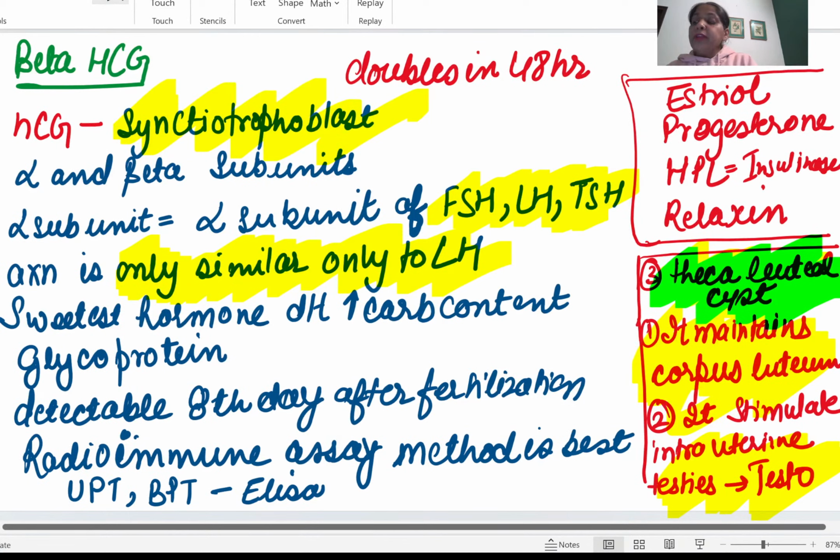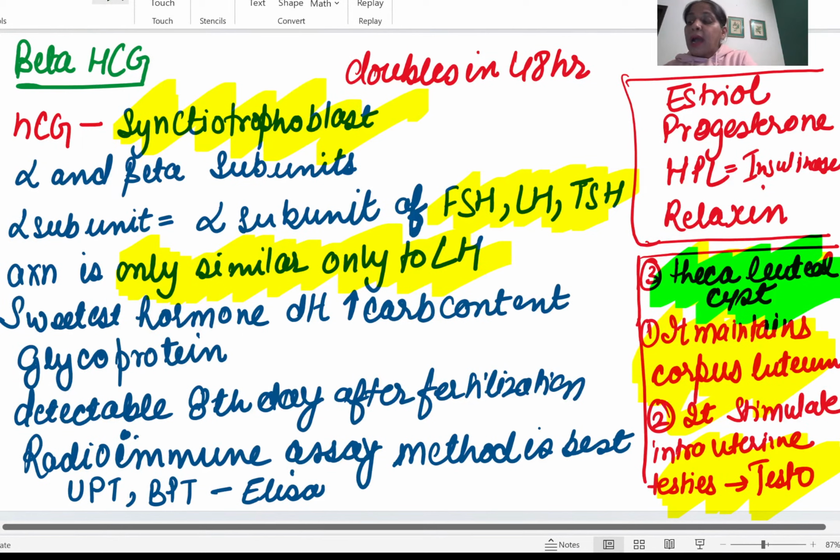And when we evacuate that molar pregnancy, these theca lutein cysts spontaneously disappear. That is, when HCG levels go down, these theca lutein cysts disappear by themselves. So these are the three luteotropic actions of HCG.